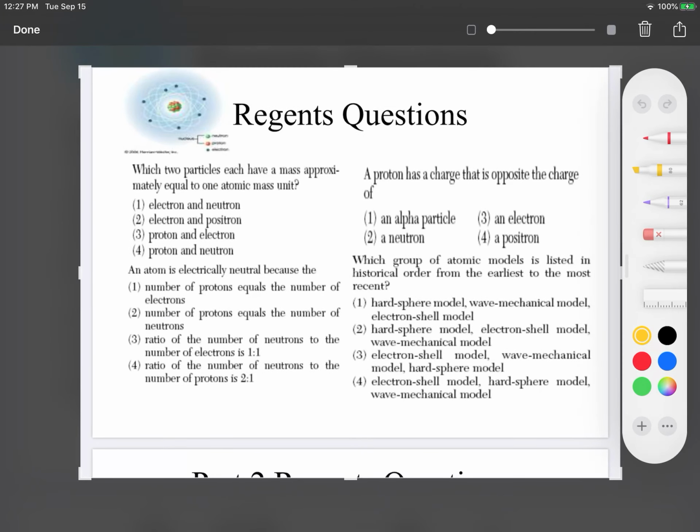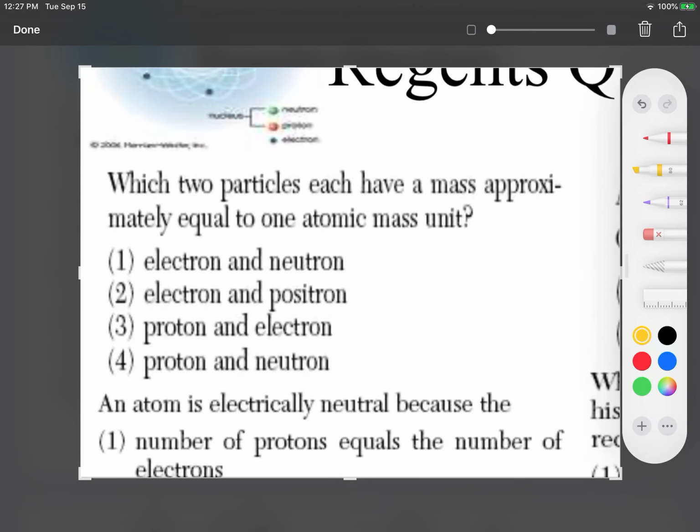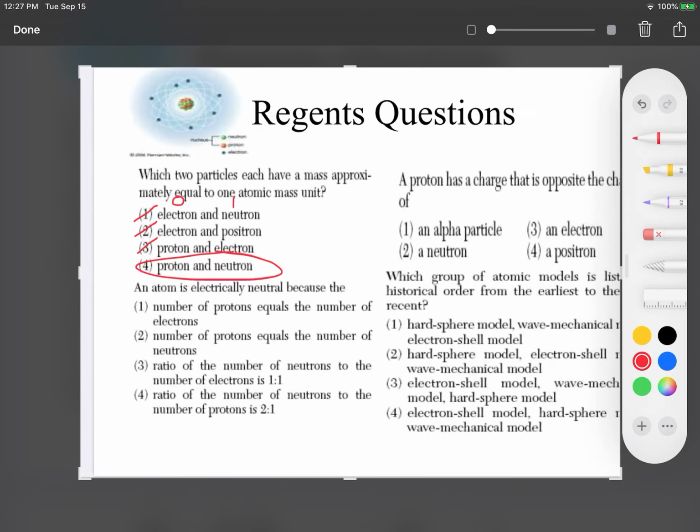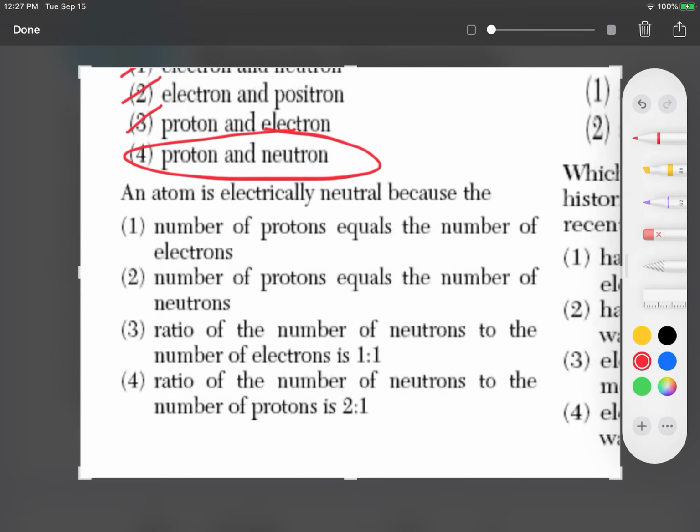The mass here of an electron, we said, was 0. Neutron is 1. That's no good. Electrons don't count. Electrons don't have a mass. So anytime you see something with electron, that's out. The only 2 particles that make up the mass, we said, are protons and neutrons. That would be the answer there. Okay, hit pause and do the next questions yourself.